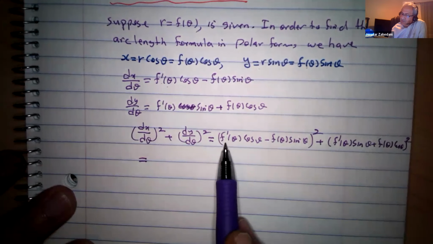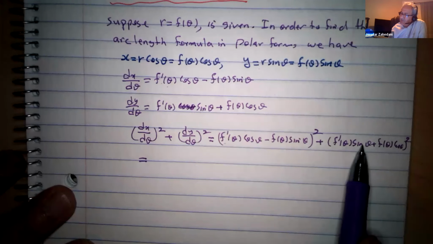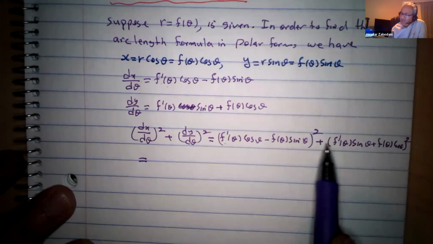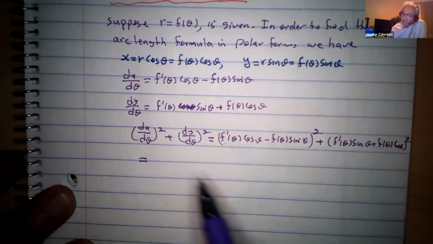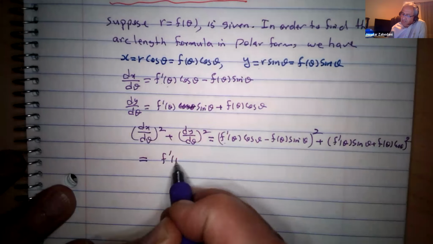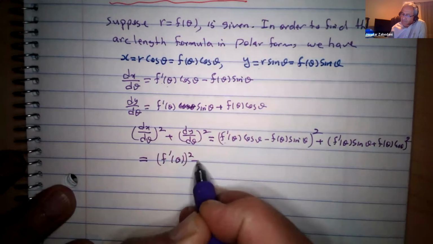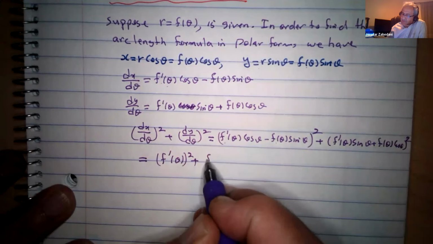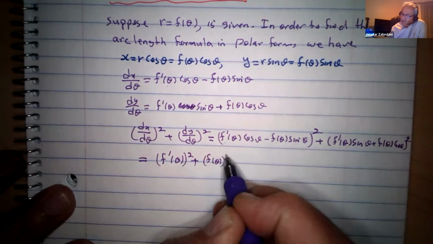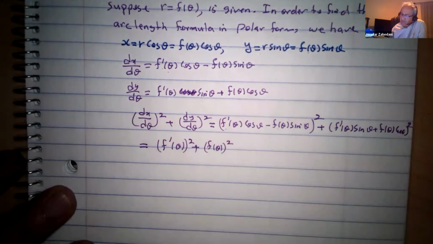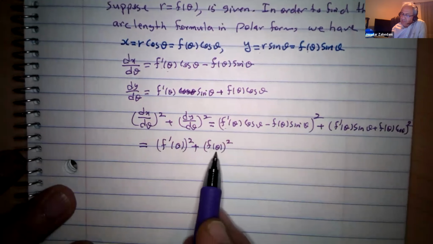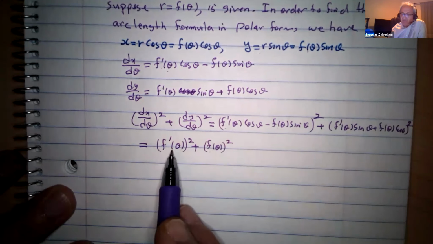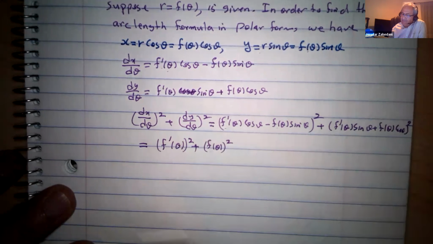You see, this is going to be a squared cosine squared, this is a squared sine squared. You factor it out, sine squared plus cosine squared would be 1. So this is going to be f prime of theta all squared plus, the same thing for f of theta, f of theta all squared. But remember, this is r squared, and this is the derivative of r, or just f. You can work with this one or make it easier for yourself.